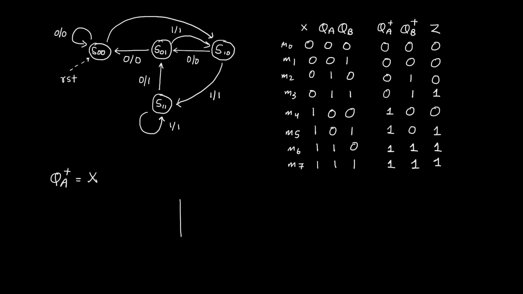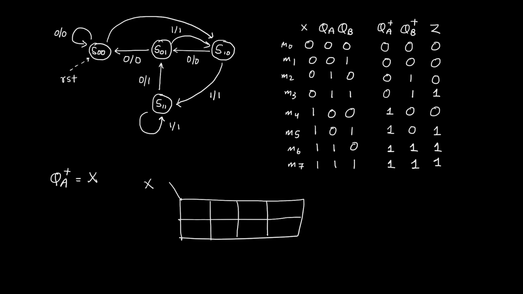Similarly, for QB plus, with QA, QB and X, the minterms are 2, 3, 6, 7.